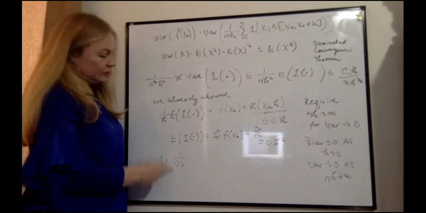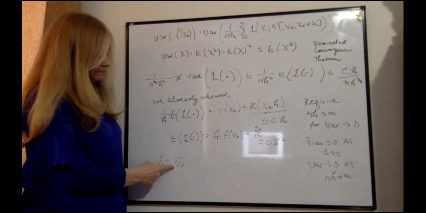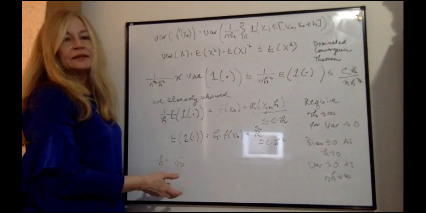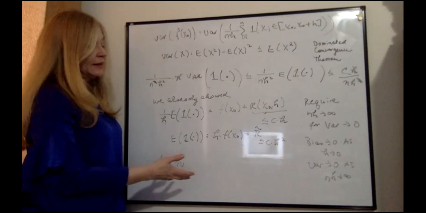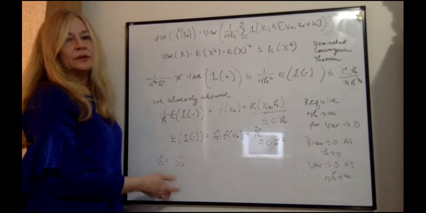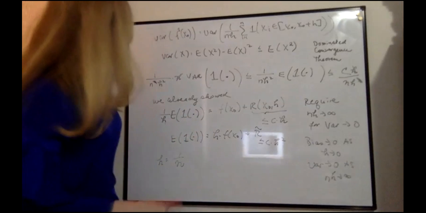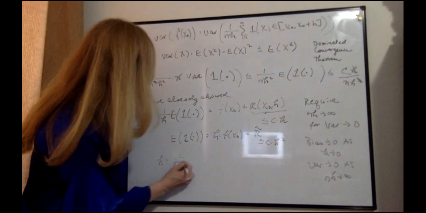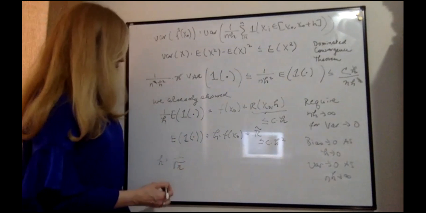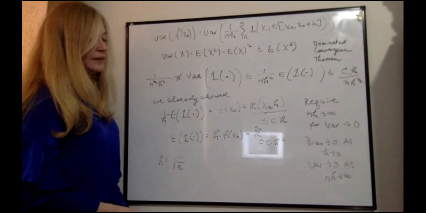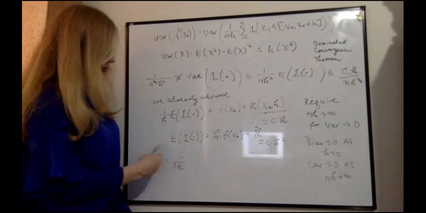Because n times h would be constant. So the bias would shrink to 0, but the variance wouldn't go to 0 if I chose this. But a sequence that would work would be something like h equals 1 over square root of n. That would satisfy h going to 0, and it would also satisfy nh going to infinity.